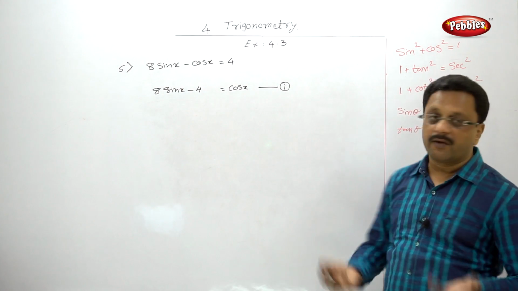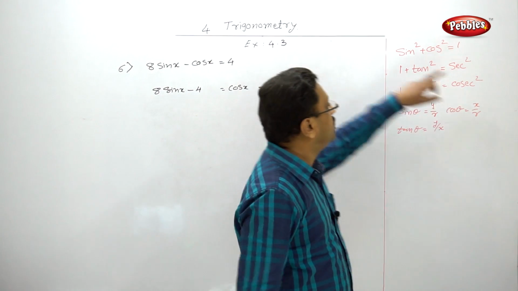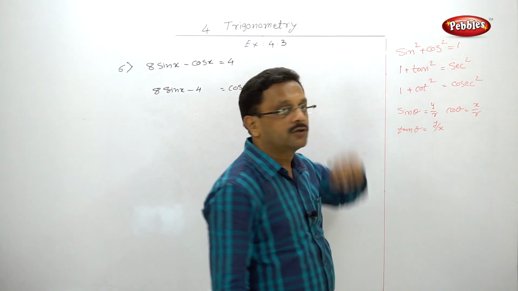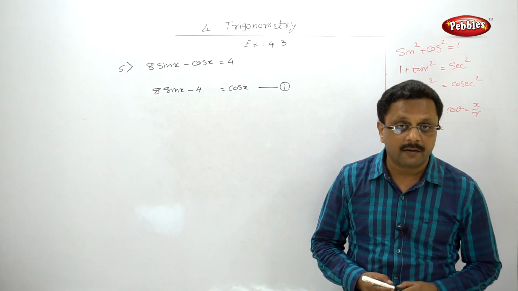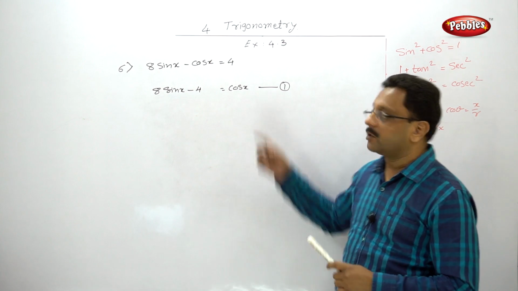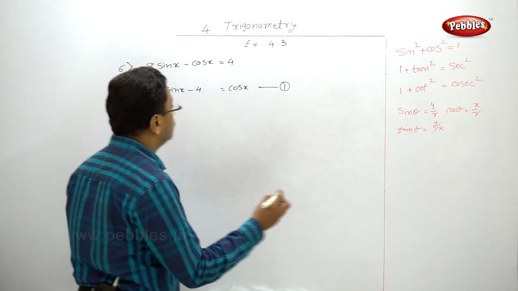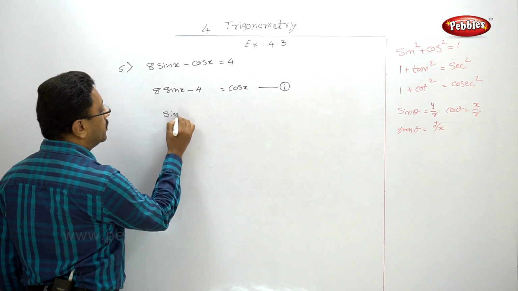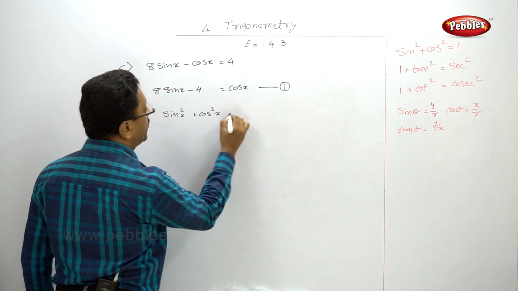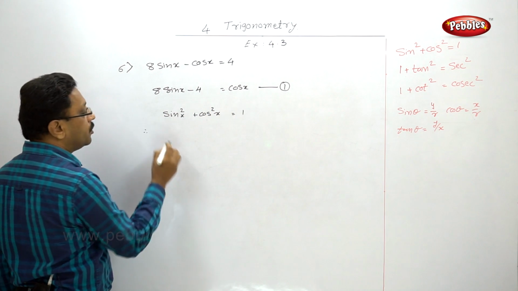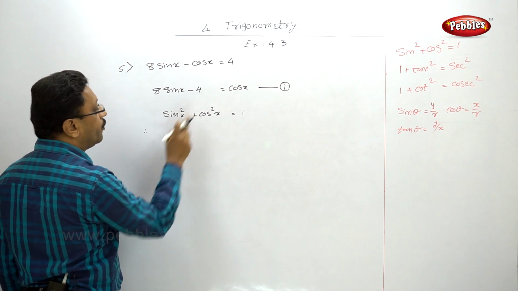Now there is only one way, that is to use this identity, sine square plus cos square is equal to 1, and you want to find the possible values of sine, so substitute for cos. Extremely simple. We have sine square x plus cos square x is equal to 1. We will substitute the value for cos.